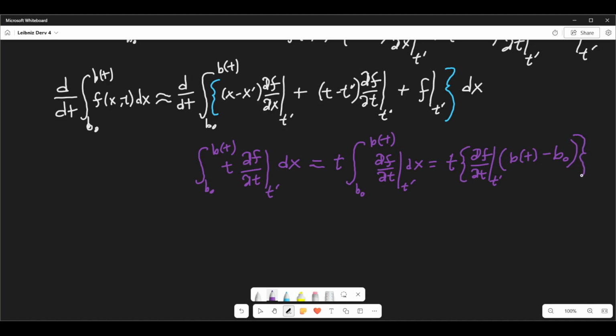So this integral looks like that. There's a lot of integrals of the form like that.